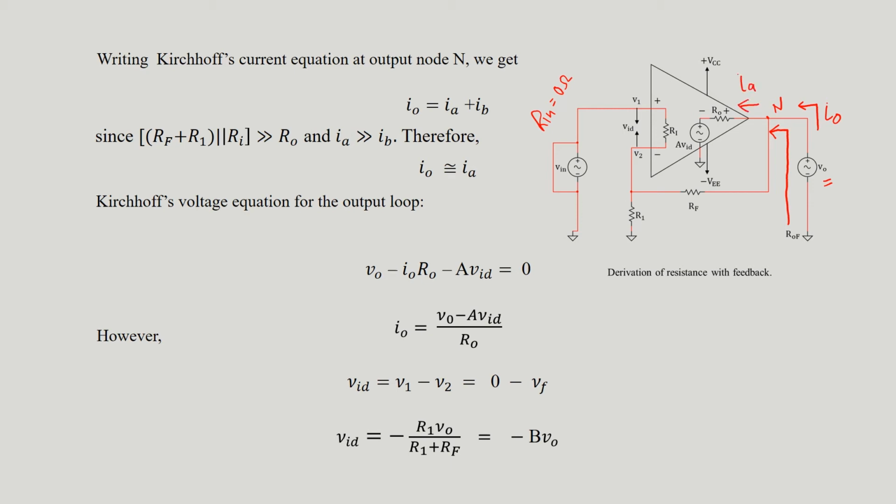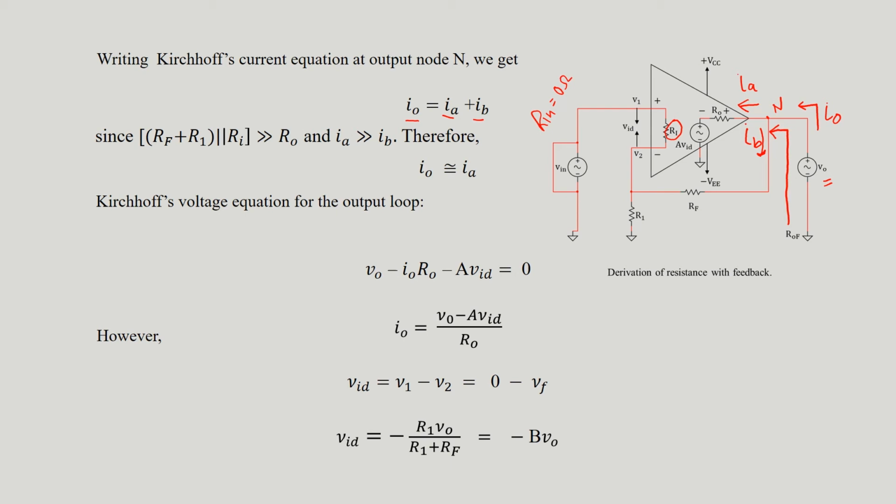I designate the current entering the op amp as IA and the one going to the feedback circuit as IB. So I naught becomes IA plus IB.